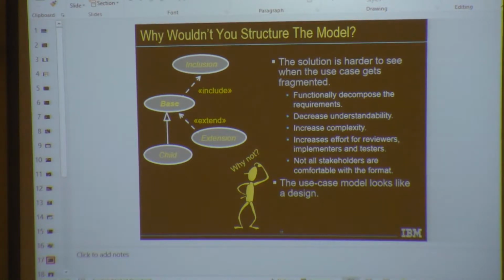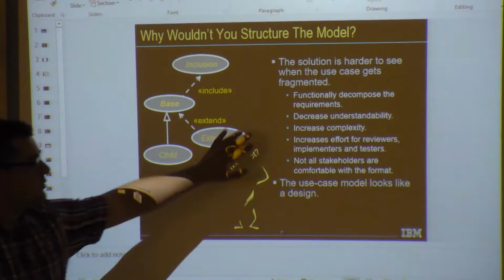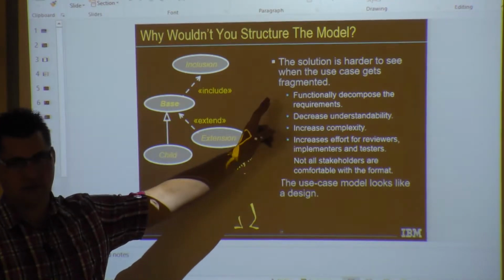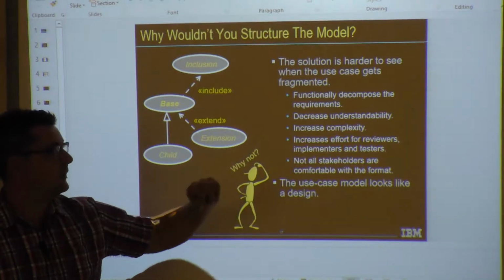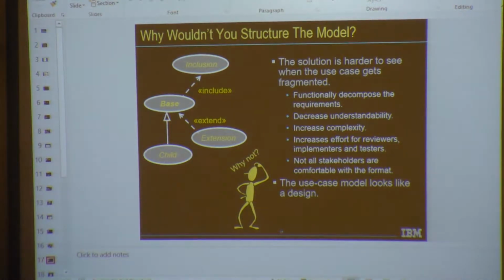Also, a question we have to ask ourselves is why we wouldn't structure the use case model, because sometimes it becomes overly complex. We can functionally decompose our requirements, but we can decrease the understandability of our initial use case diagram and make it more complex.